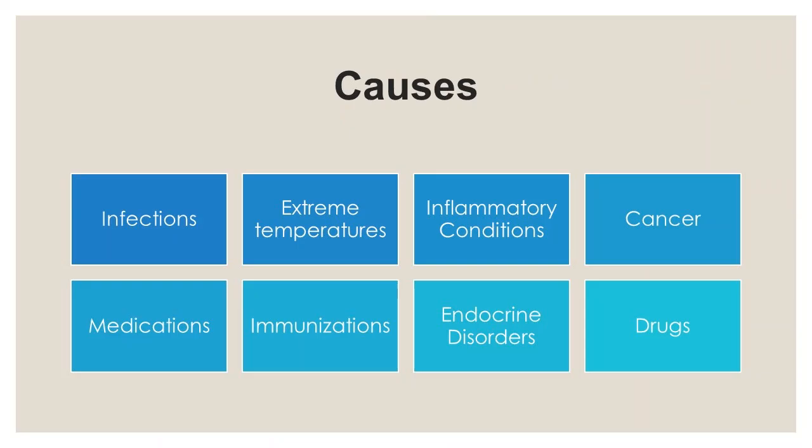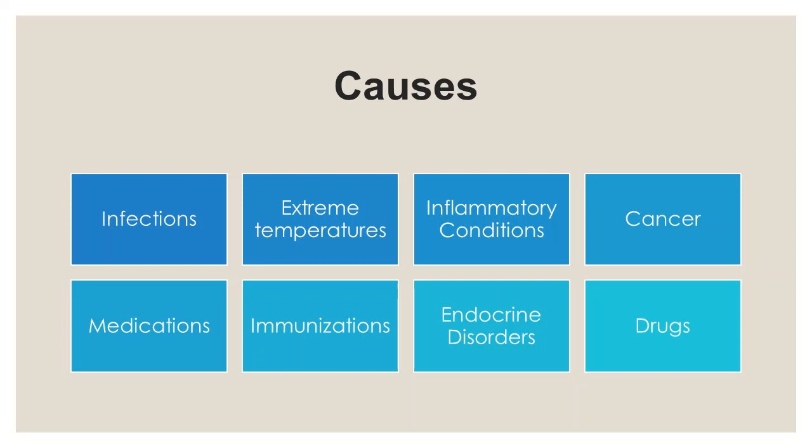Fever or elevated body temperature can be caused by many triggers. It may be a virus or a bacterial infection. It may be caused by heat exhaustion or extreme sunburn. Some inflammatory conditions, for example rheumatoid arthritis, and malignancy can cause elevation in body temperature.